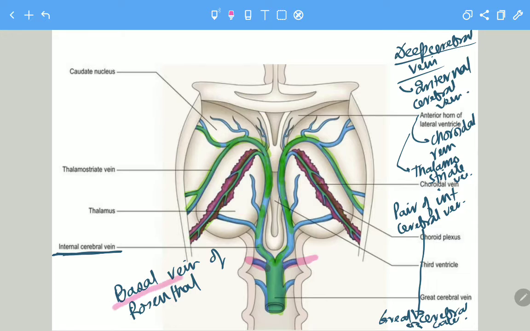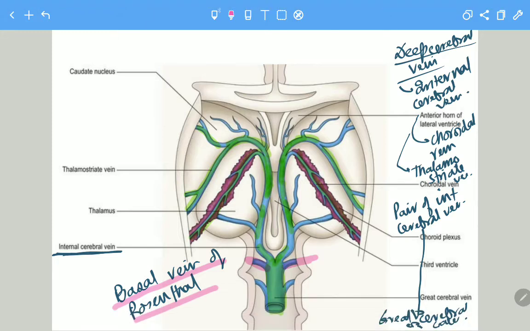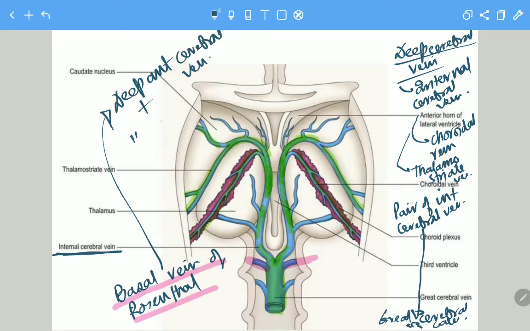The basal vein of Rosenthal is formed by the union of the deep anterior cerebral vein and the deep middle cerebral vein. We have seen previously the superficial middle cerebral vein, but this is deep.